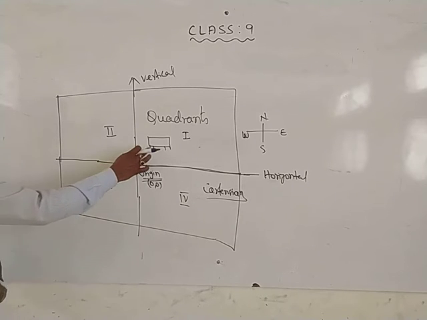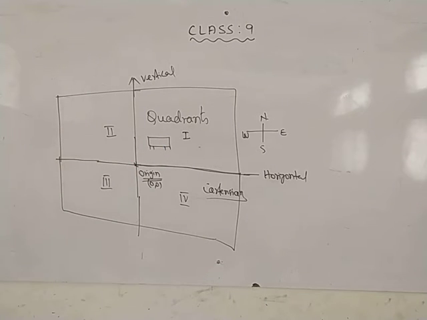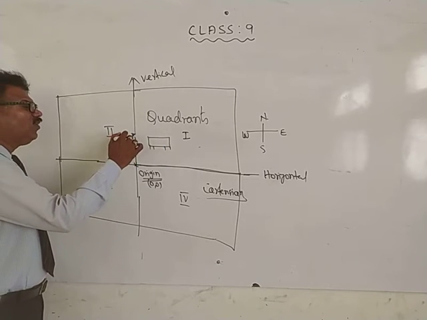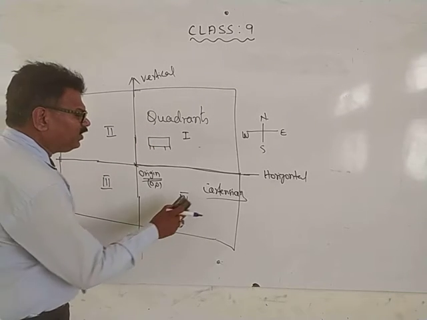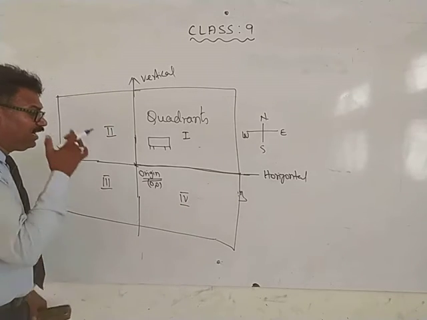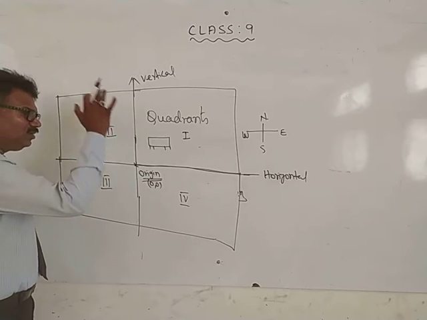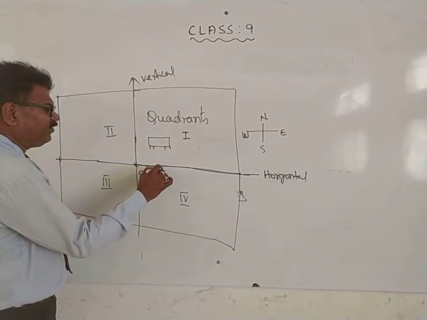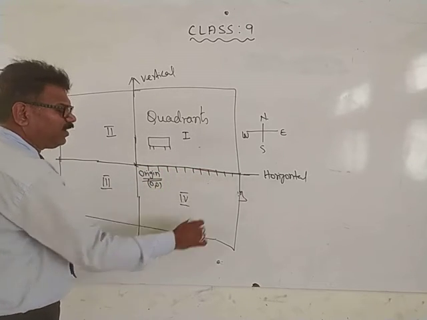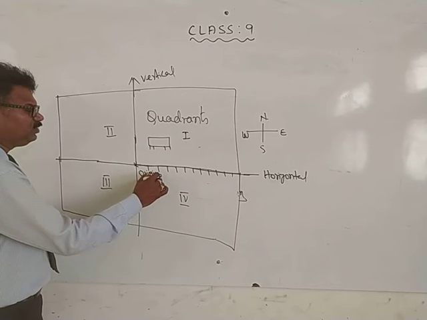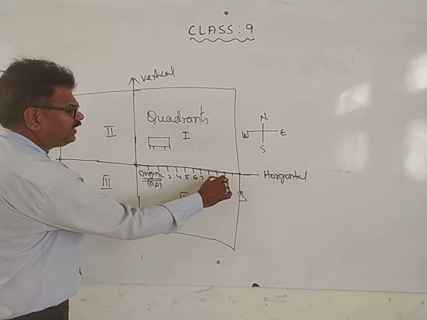Now I told you a person or a bench is located here. We have to plot or tell where it is located. For that, what we are doing is very simple. We have taken the reference as origin. From this origin we have to locate. I am dividing the total line into equal parts, like the number line: 1, 2, 3, 4, 5, 6, 7, 8, 9, 10, 11.